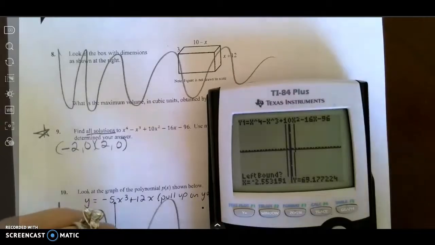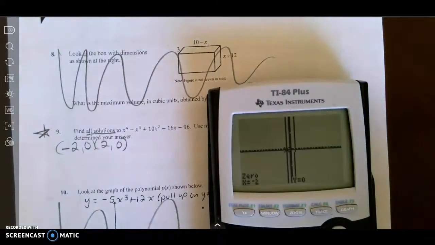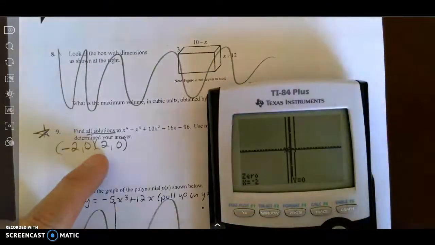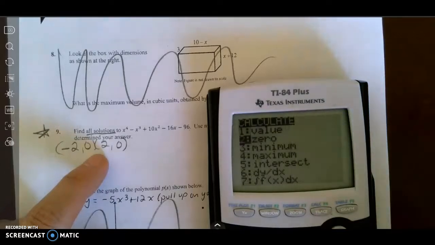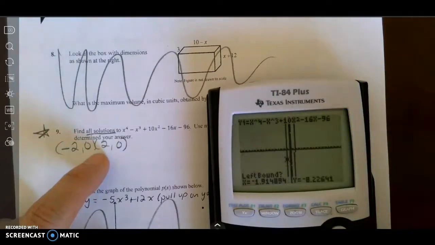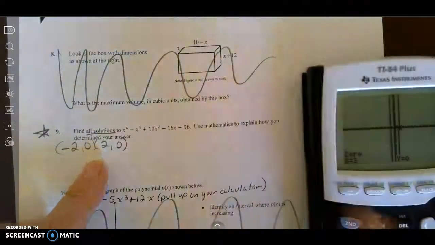Okay, so I'm left and above, right and below, and yes, it is -2, 0. If I want to check the other one, second trace. Left and below, right and above, and I got, oh, that was actually 3, 0.